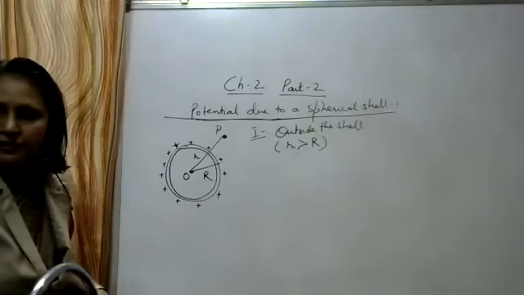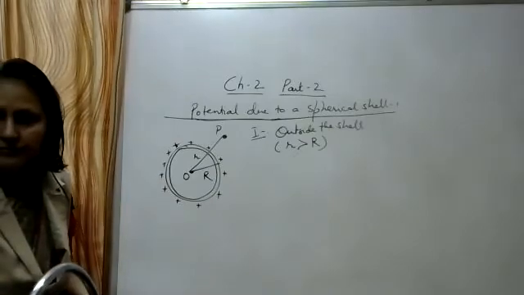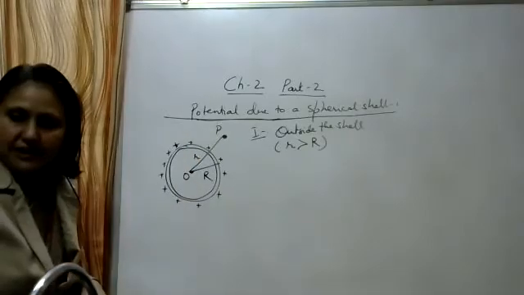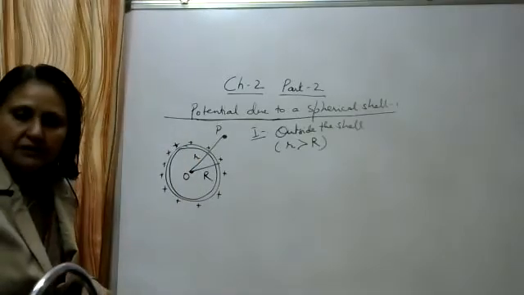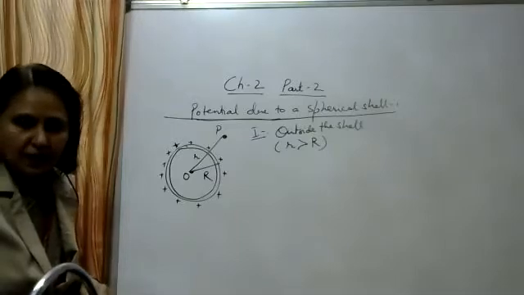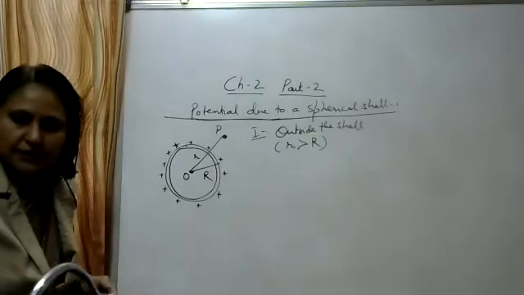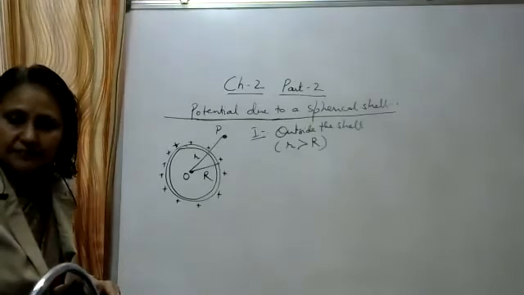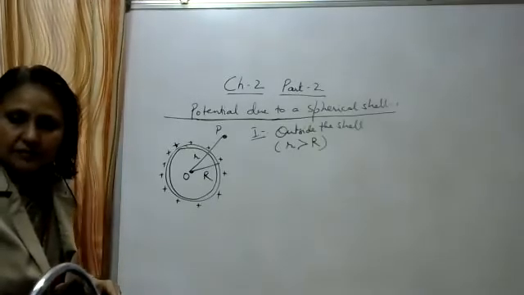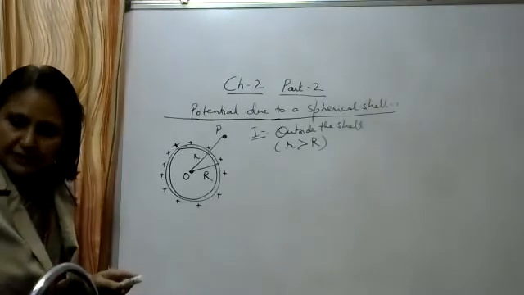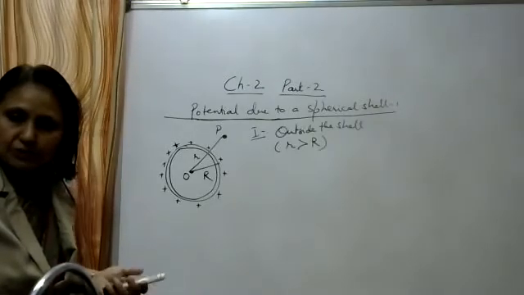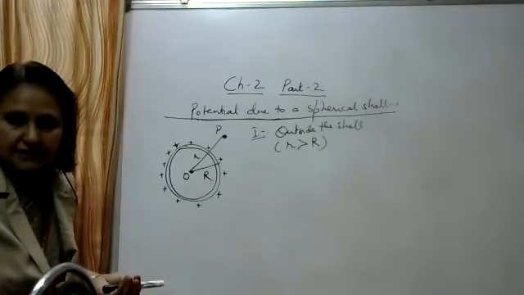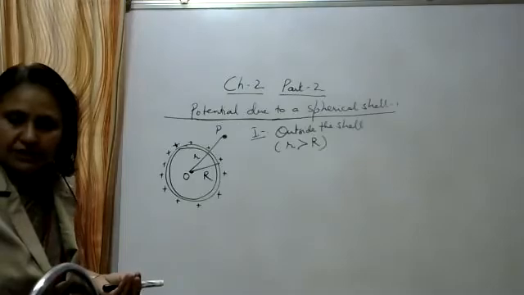Using Gauss law, we found the electric field at a point P outside the shell, which comes out to be the same as that for a point charge.